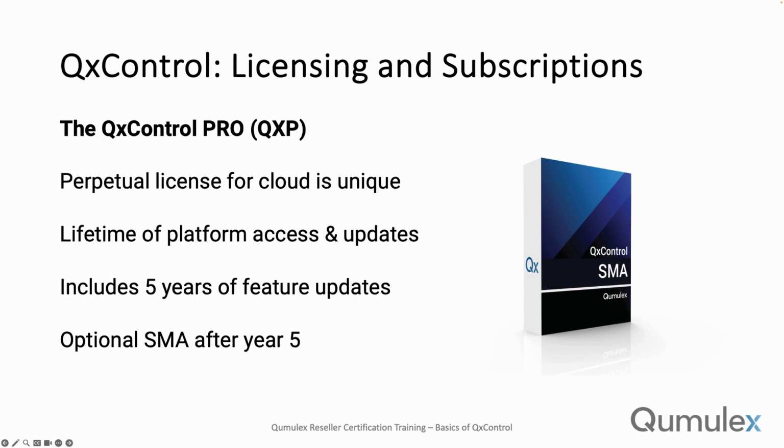So what this means is you get all the new features for 5 years. After that, you can choose not to purchase an SMA. Everything will continue to work, and it will continue to work with everything that is current. It will continue to be secure. Again, you will just miss out on new features if you decline the SMA after year 5.